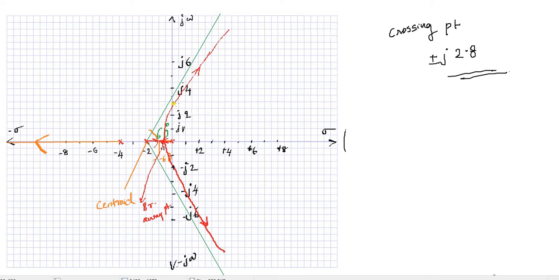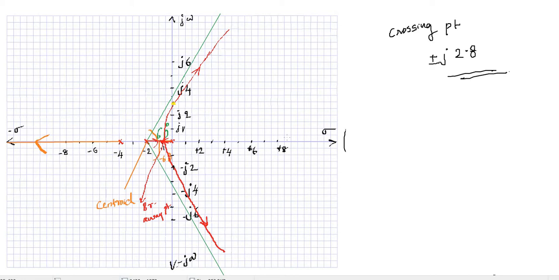The other 2 root locus branches that are starting from minus 2 and 0 meet at the breakaway point at minus 0.845 and move asymptotically along the asymptotes, okay, in this direction, and it again ends at infinity. And the crossing point of the root locus with the imaginary axis is plus or minus j 2.8.